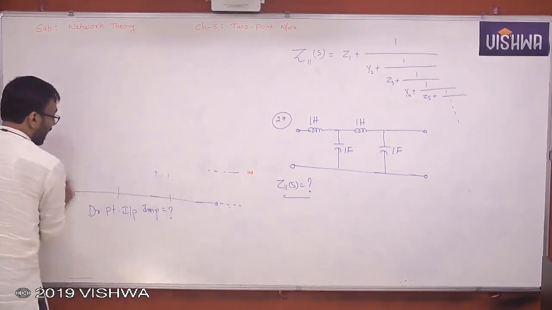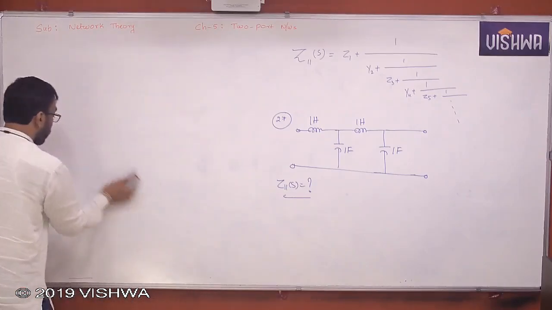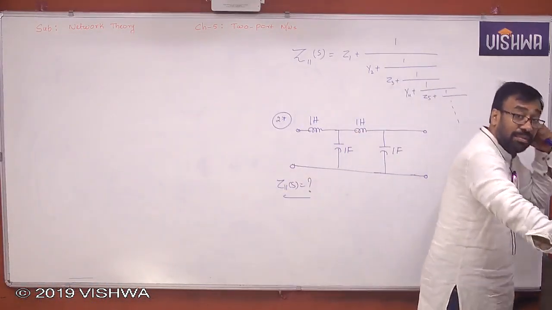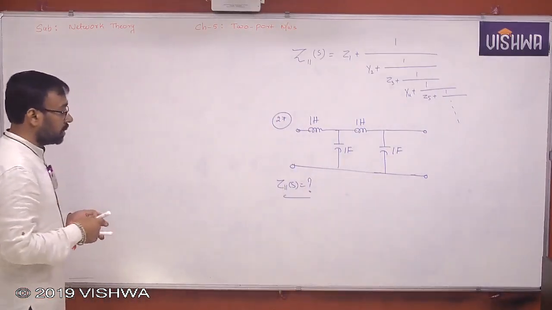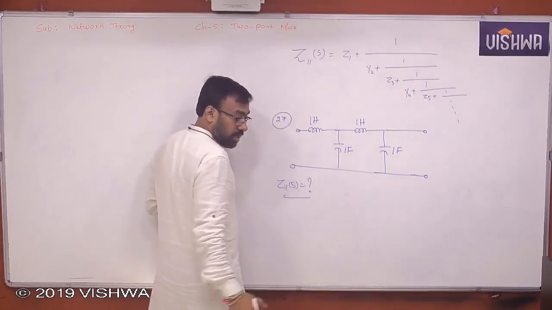So I told you when the ladder network is given, if driving point input impedance is asked, then how do you deal with that? Look at this. First, you make sure that all are converted into S domain.